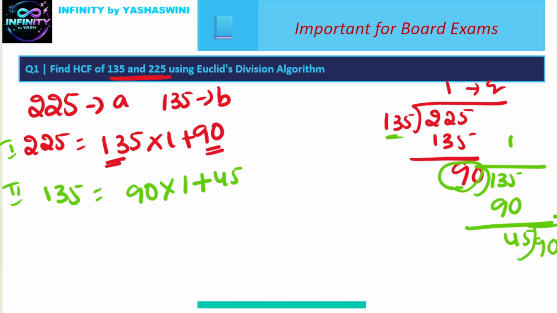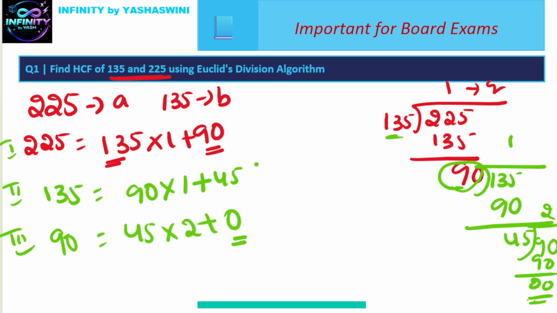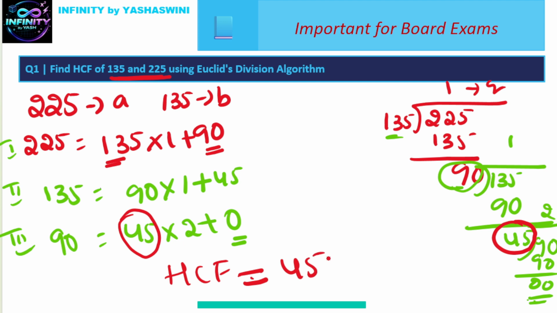Now 45 two times is 90 and the remainder is 0. Till you get remainder 0, you have to divide. So the third step is 90 is equal to 45 into 2 plus 0. So when you get 0, the respective divisor becomes the HCF. So HCF is equal to 45. Easy, right? Whenever the remainder becomes 0, the divisor at that step is your HCF.